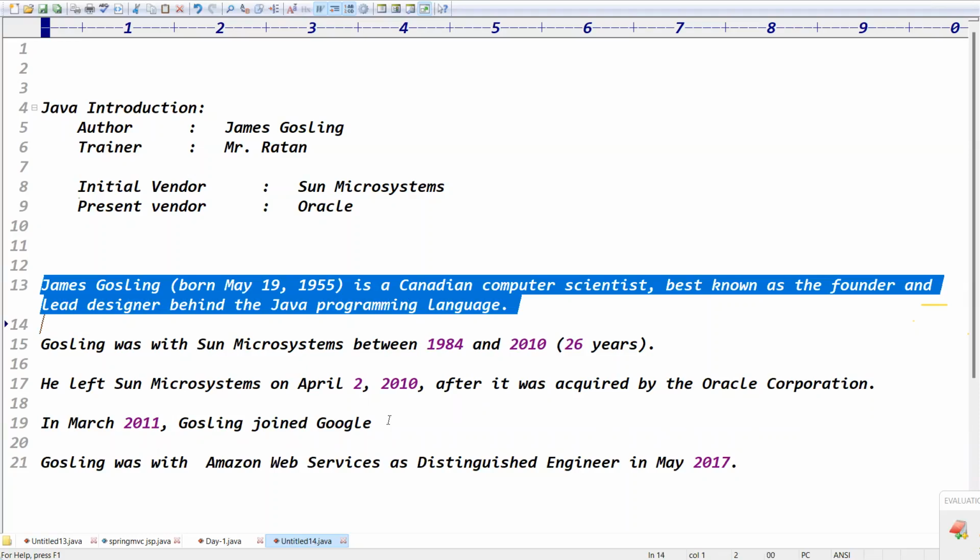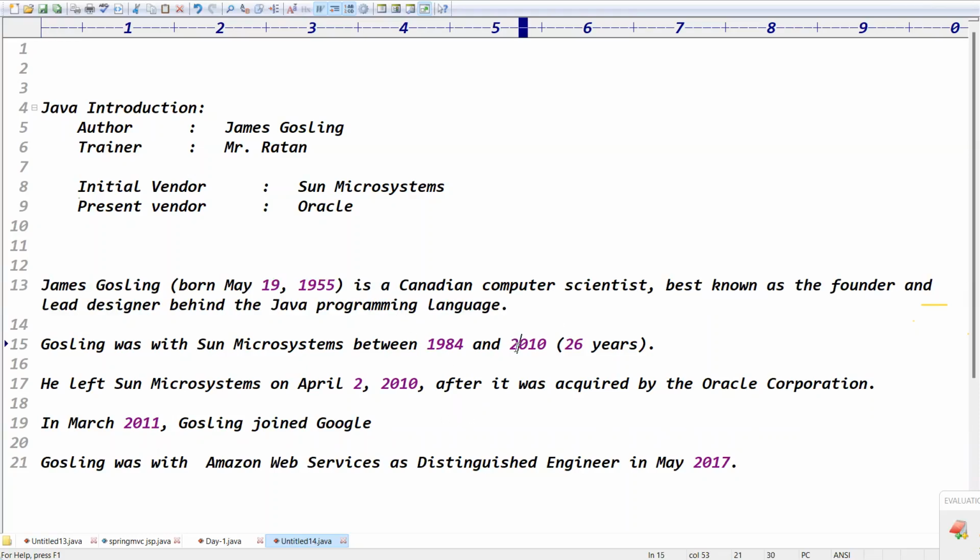James Gosling initially worked for Sun Microsystems, almost all 26 years. Later, Sun was acquired by Oracle Corporation and he joined Oracle. After Oracle, he joined Google Corporation. Now he is working for Amazon, right?